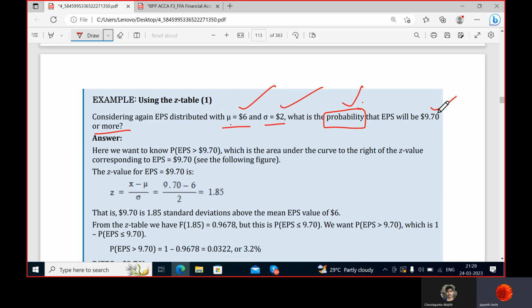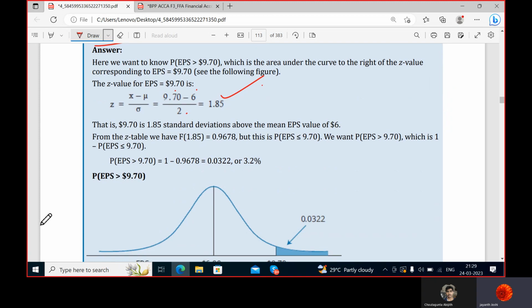EPS is your data point, am I right, Abhijit? Yes. Data point or observed value minus the mean, divided by the standard deviation, gives you a Z score of 1.85. So it is 1.85 standard deviations above the mean, because it's a positive value.